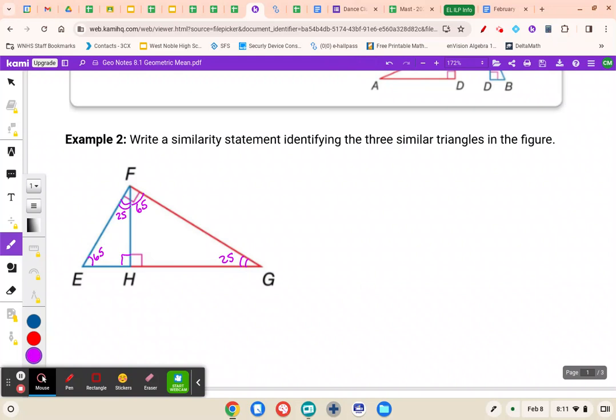So we need to have three triangles with a similarity statement. I'm going to start with the smallest triangle. So we have EFH.